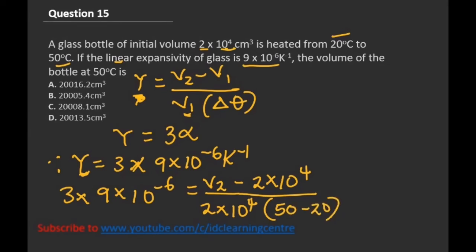Okay? Now, make V2 the subject of the formula. Let this be over 1. Cross multiply.